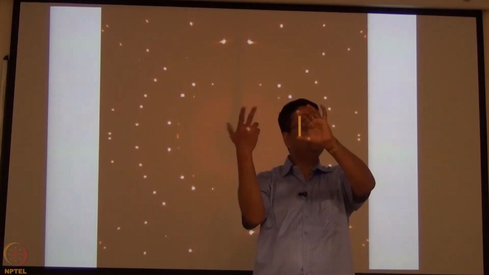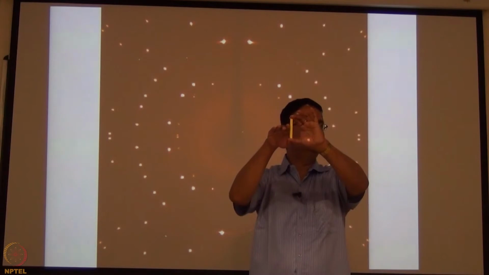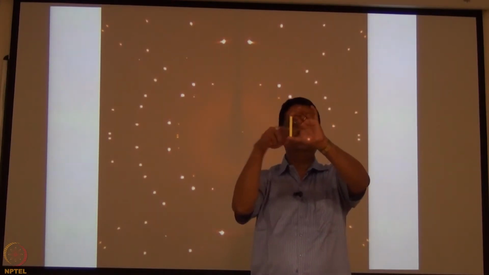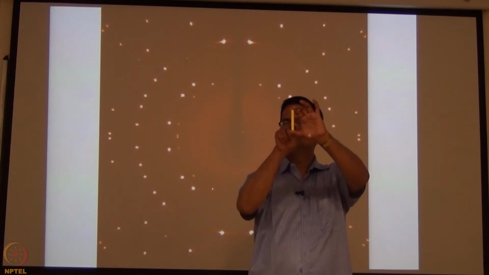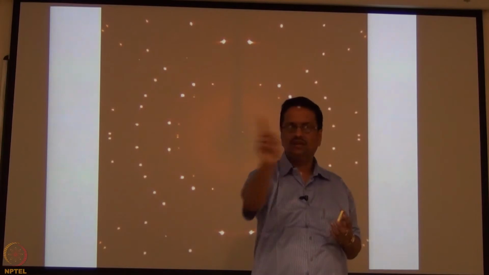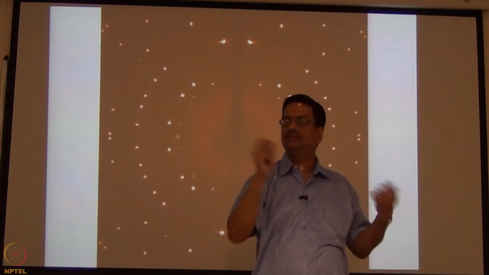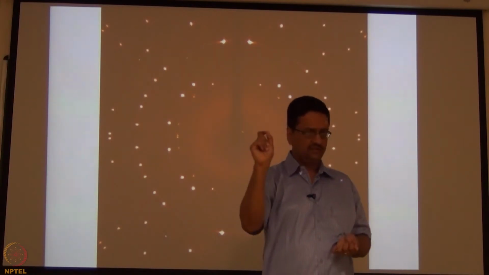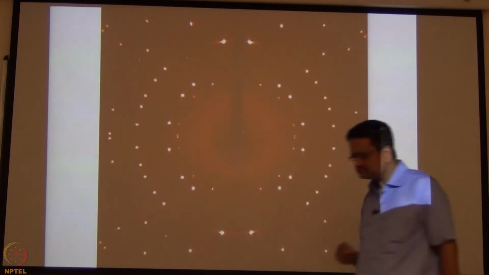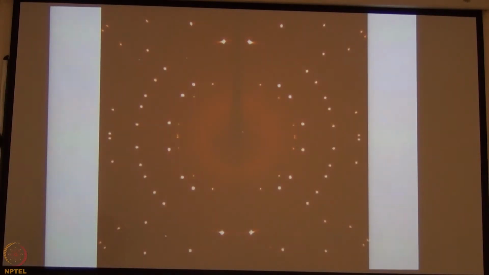Some axis is maybe perpendicular to the beam, but of course some reciprocal lattice plane is in the plane of the beam, and I am measuring it somewhere here. When I am rotating, at some point or the other some reciprocal lattice point is crossing your sphere and giving you a diffraction spot.